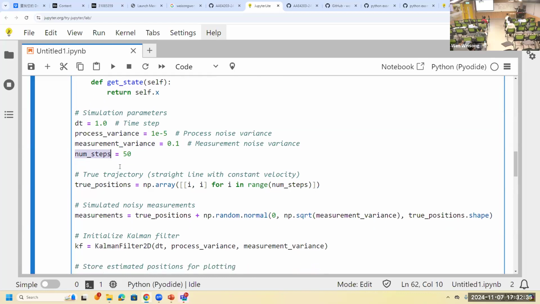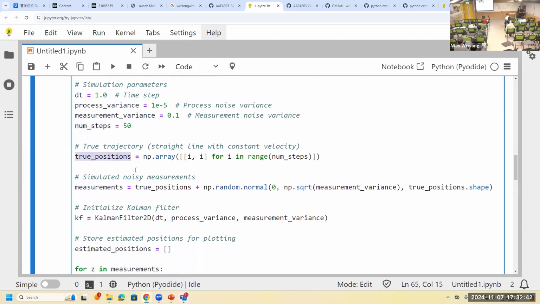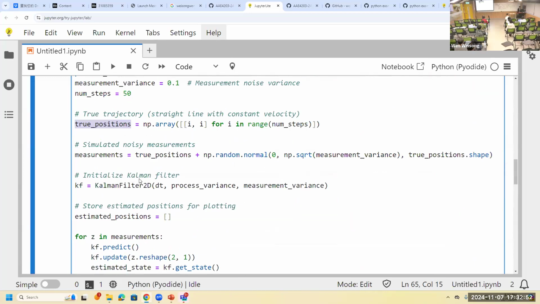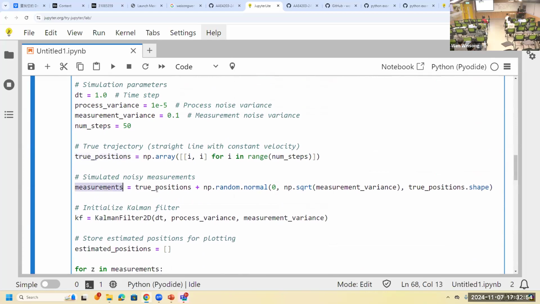The step means how many steps, and this is purely for simulation. The true position is a straight line, so this simulates the position. The measurements are simulated.